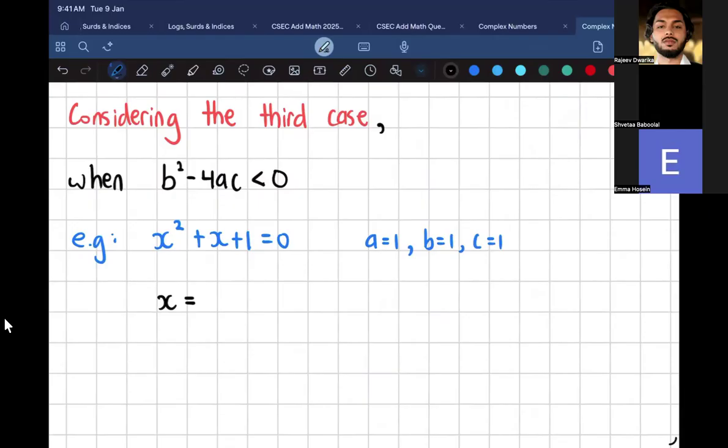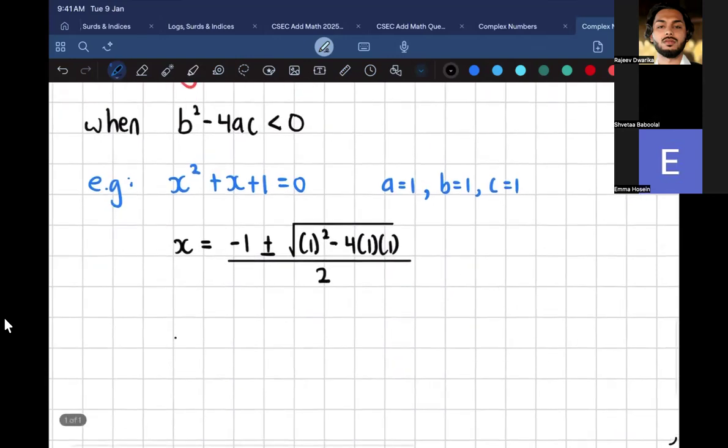Don't call out the formula, just apply it. So negative 1 plus or minus the square root of 1 squared minus 4 times 1 times 1, all divided by 2.